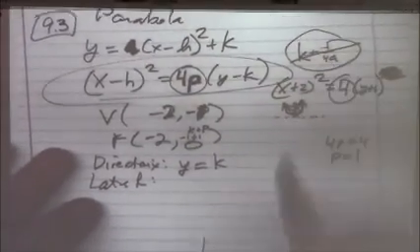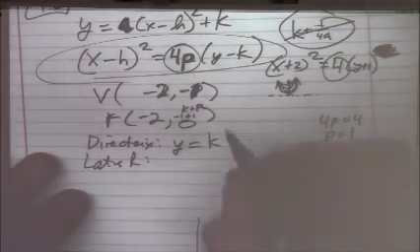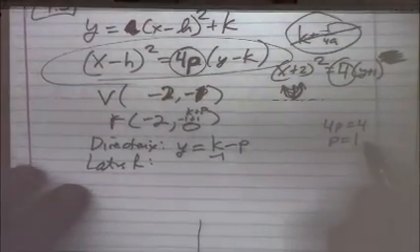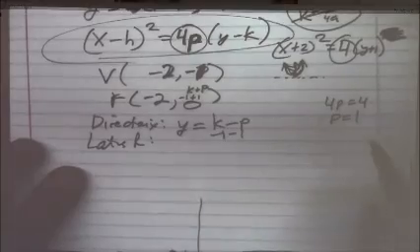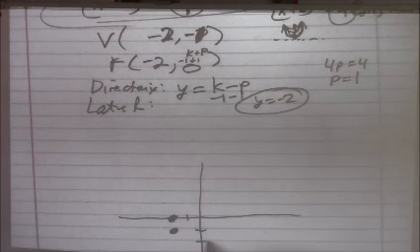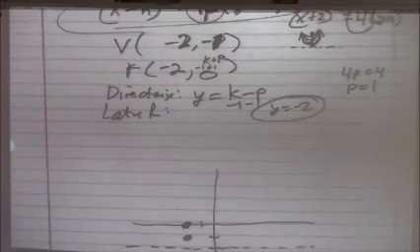It used to be k minus 1 over 4a. Now it's going to be k minus p. Since k is -1 and p is 1, we get y equals -2. -2 is here. So do the directrix.